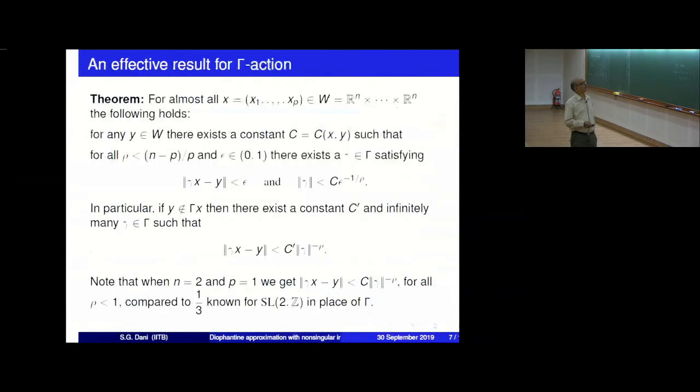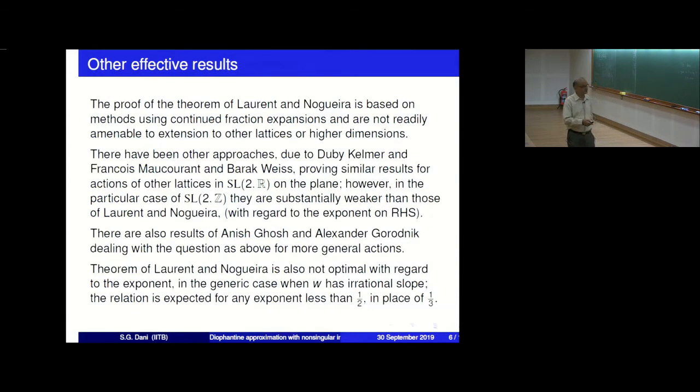Okay. Now let me come to the action of gamma that we had. We were trying to settle that part of this gap between the exponent arbitrarily close to half and 1/3, and we could not quite make much headway in that.